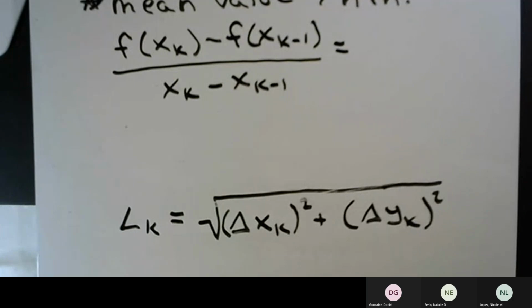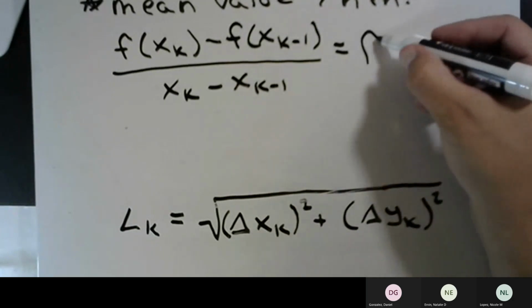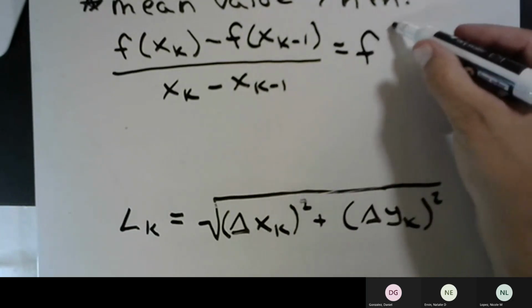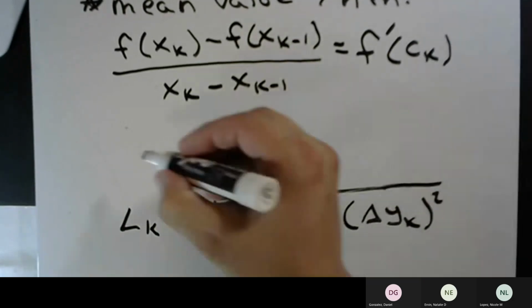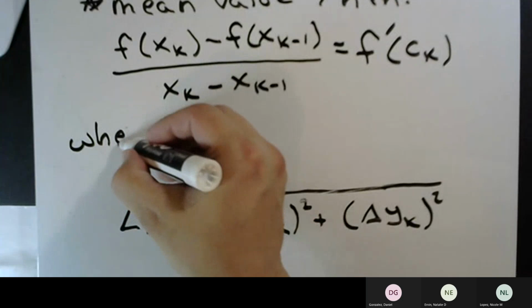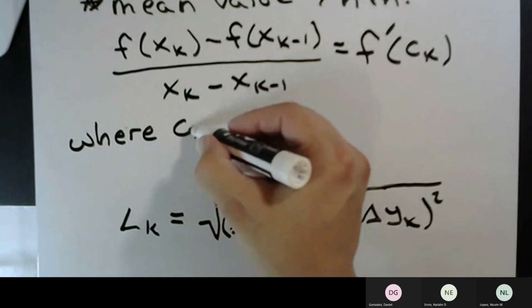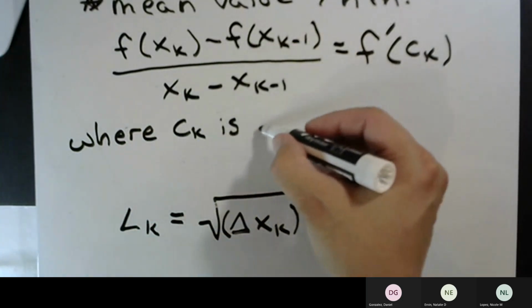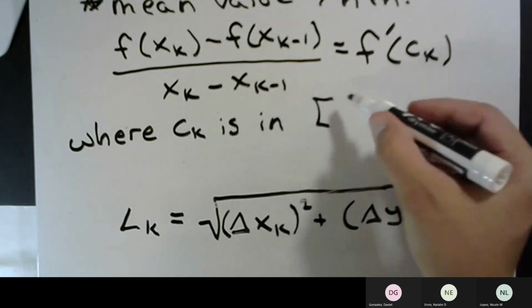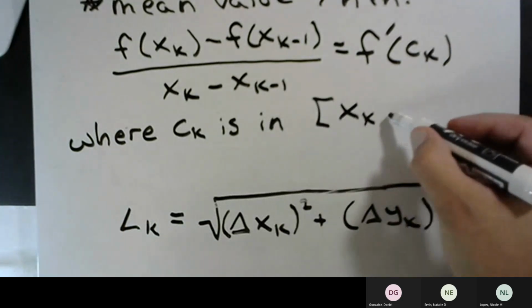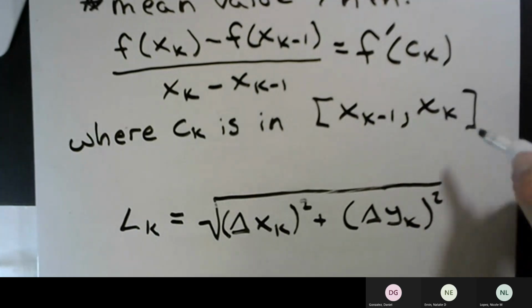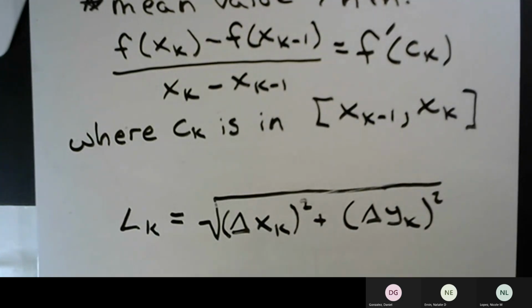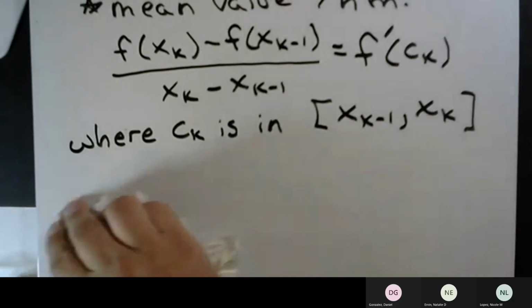Well, this is going to be equal to the derivative of f at some ck where ck is in the closed interval xk minus 1, xk. So our friend the mean value theorem comes back.